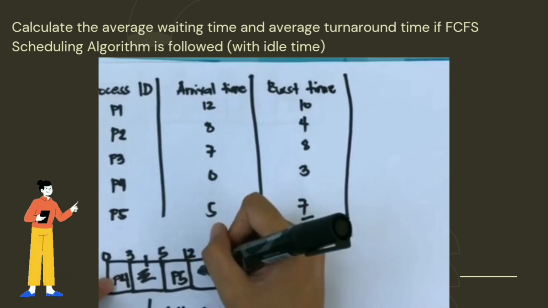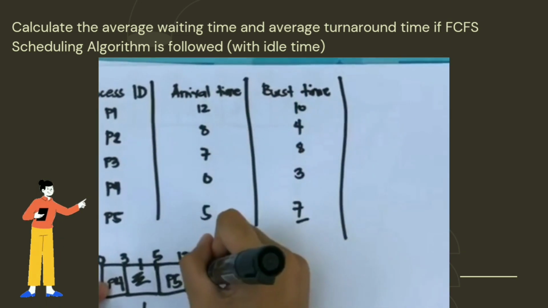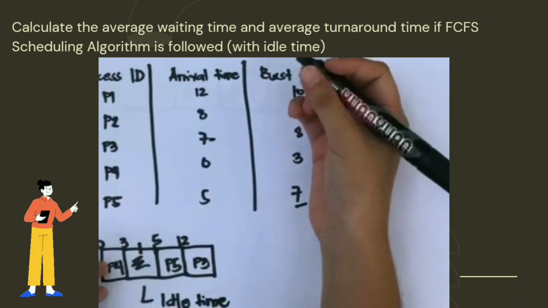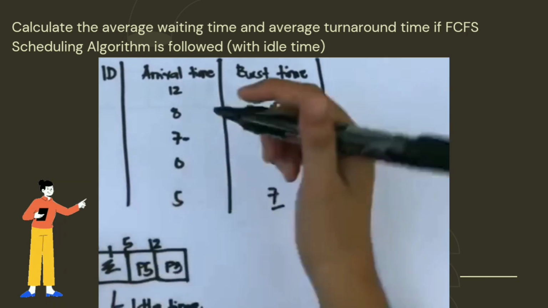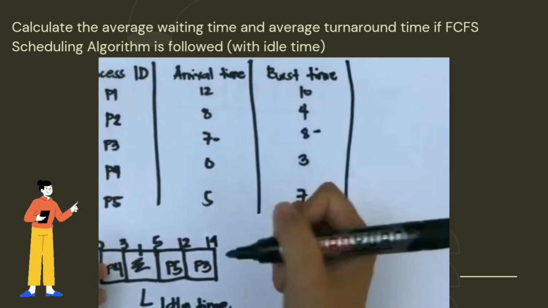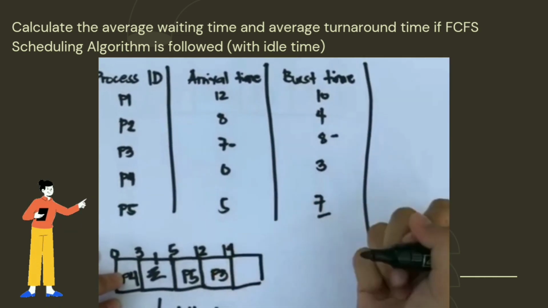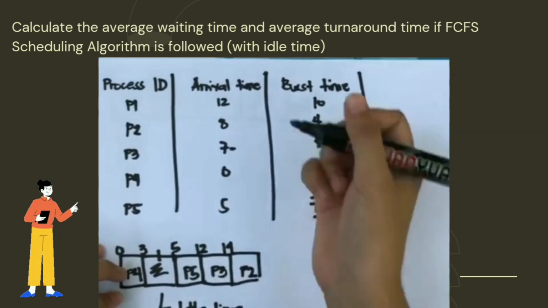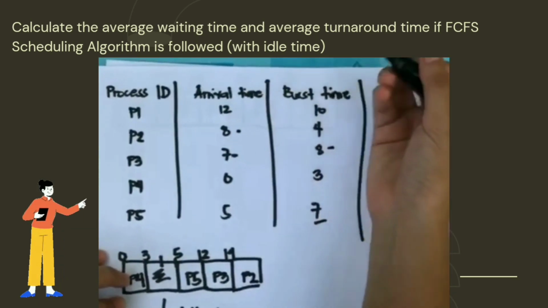Ang next naman natin is si P3. Dahil may arrival time siya na 7. So, 12 plus 8 is 19. Ang sunod naman is si P2. Dahil ang arrival time niya is 8.